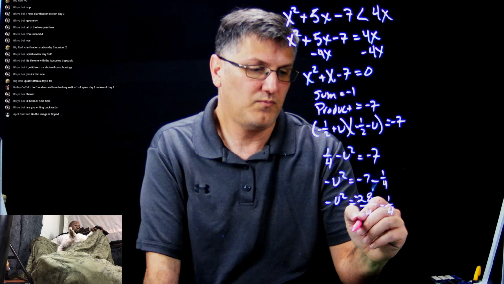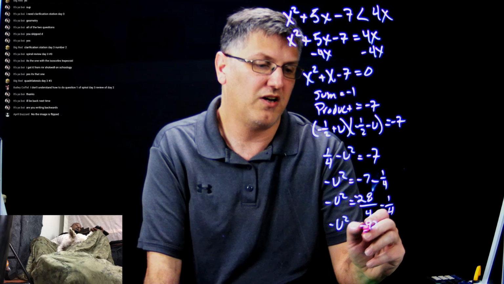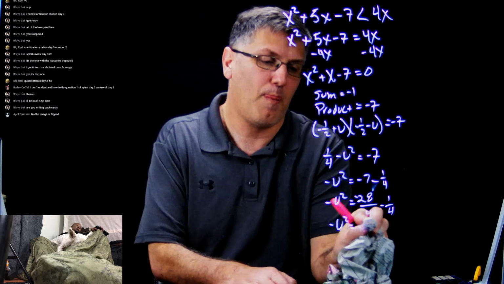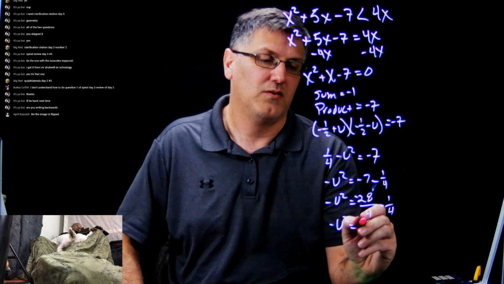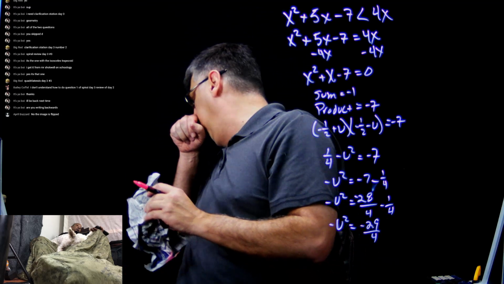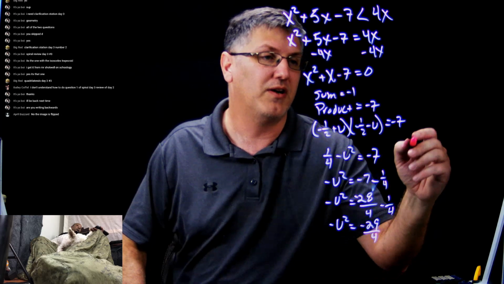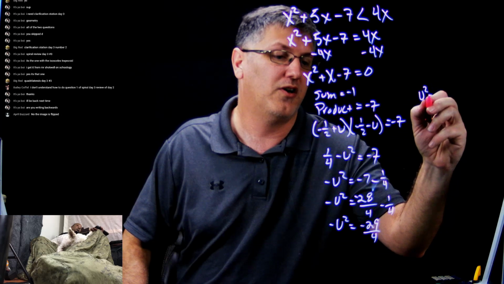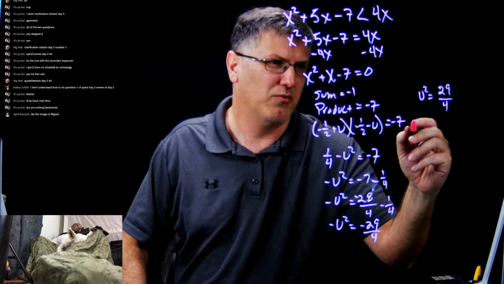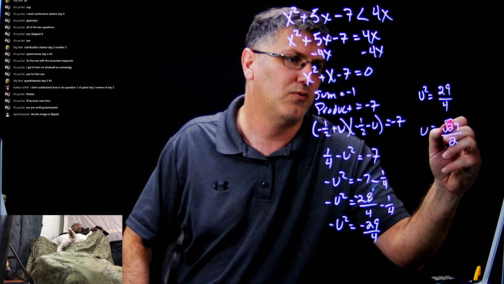So I have -u squared equals -29 over 4. Get rid of my negatives by dividing by negative, and I have u squared equals 29 over 4. Take the square root of it, and I have u equals the square root of 29 over 2.